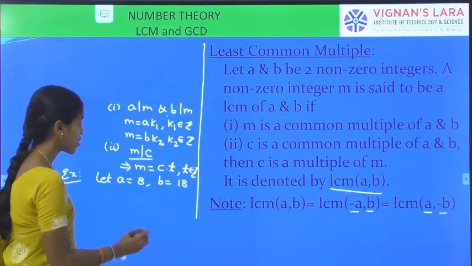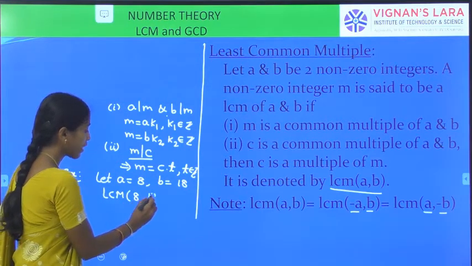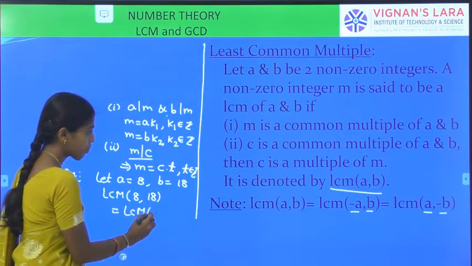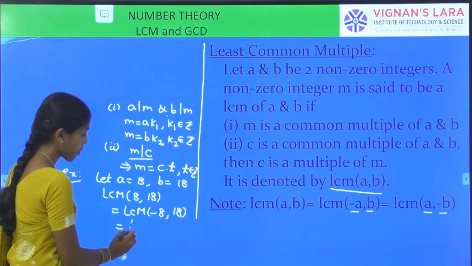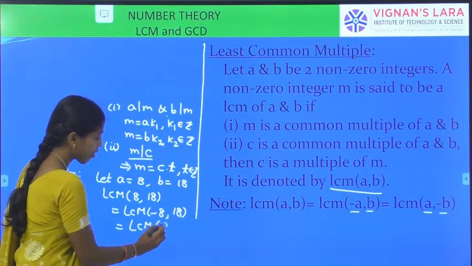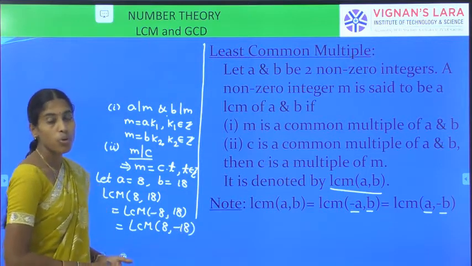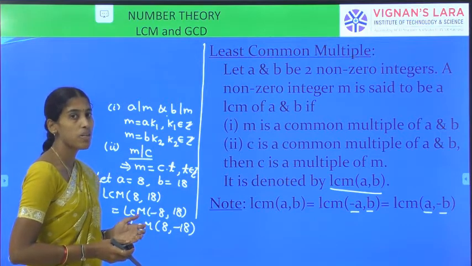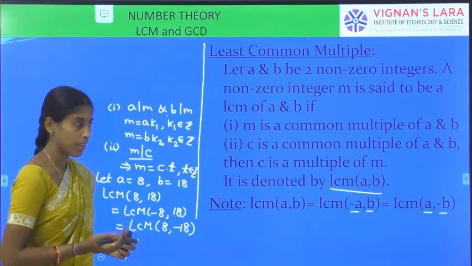The LCM of 8, 18 is the same as LCM of minus 8 comma 18, which is the same as LCM of 8 comma minus 18. So even though the numbers are negative or positive, the LCM is always a positive integer, right?